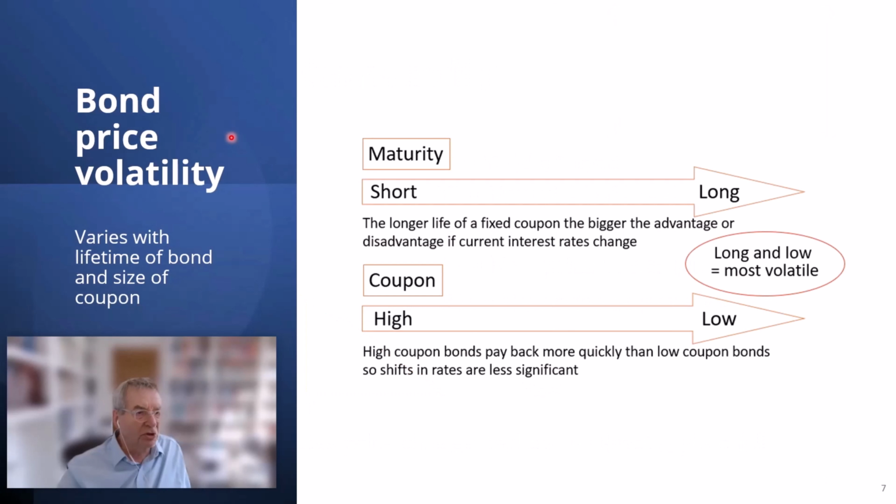What we can say in general terms about the sensitivity of bonds to changing yields or discount rates is captured on this diagram. First of all, if we look at the maturity or lifetime of bonds, those with short lifetimes, relatively speaking, will be less sensitive in terms of their price change for changes in interest rates than those bonds which have long lifetimes, relatively speaking.